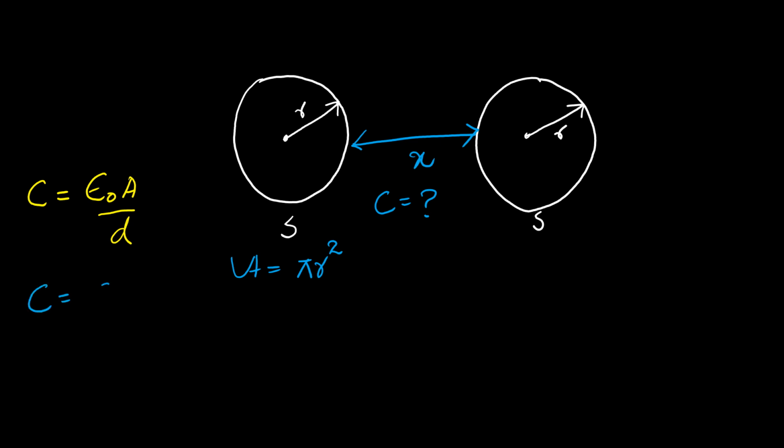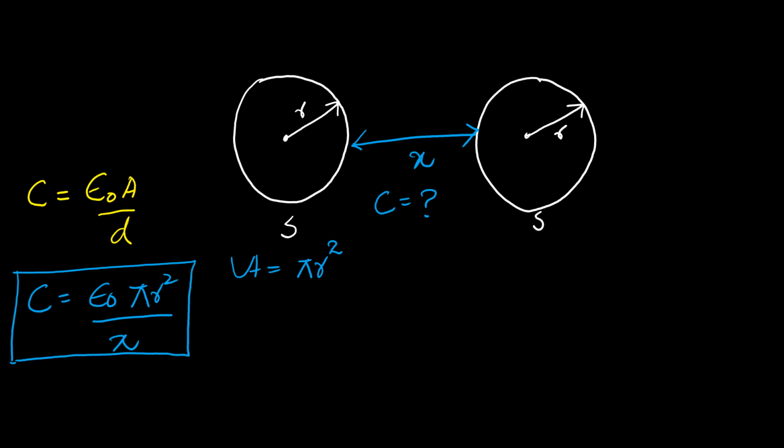Capacitance is equal to epsilon naught, and in area we will incorporate pi r square, divided by the distance between these two circular plates, which is x. So we will use x in the equation. So this will be the capacitance for a parallel plate capacitor if the shape of the capacitor is circular. So this is all about the parallel plate capacitor.